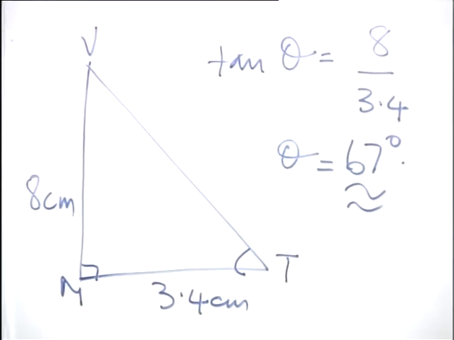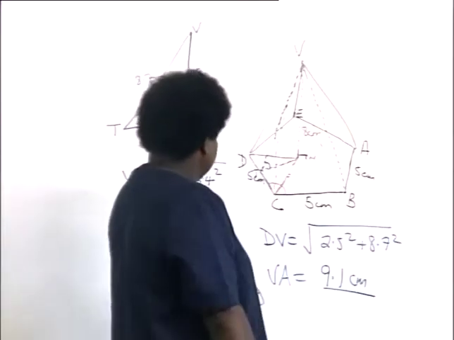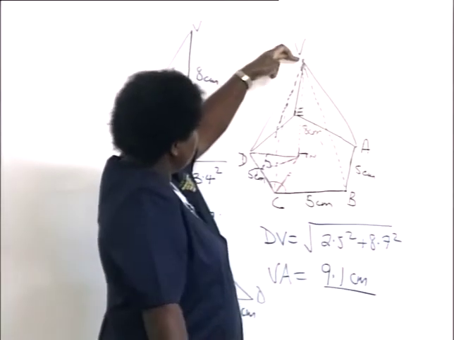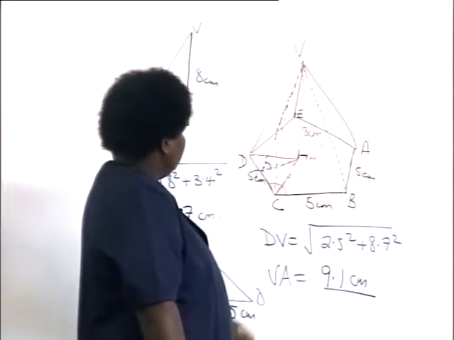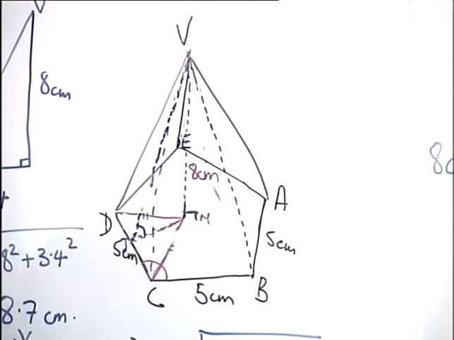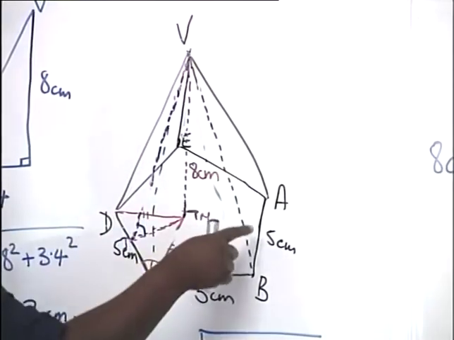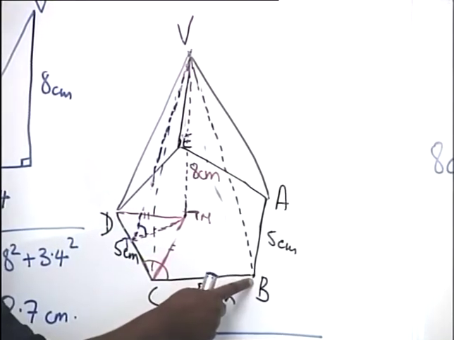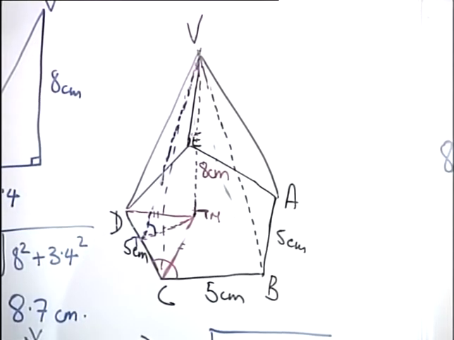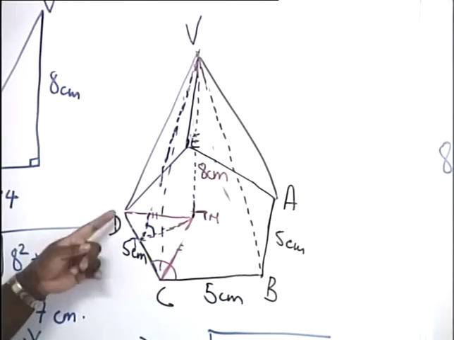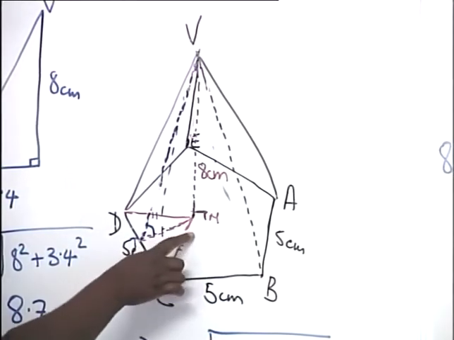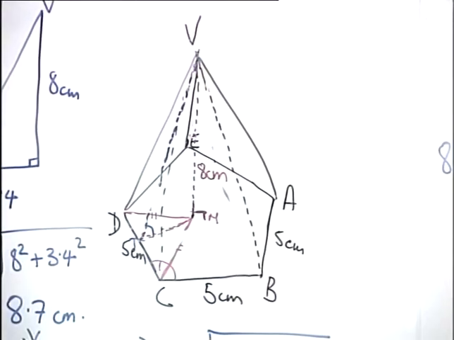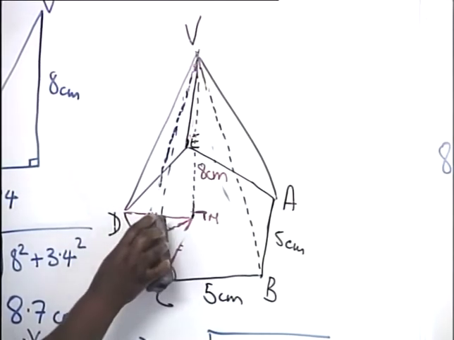Let us see. The angle between the face VAB and the edge VD. Can I remove this first so we know which one we are looking at?